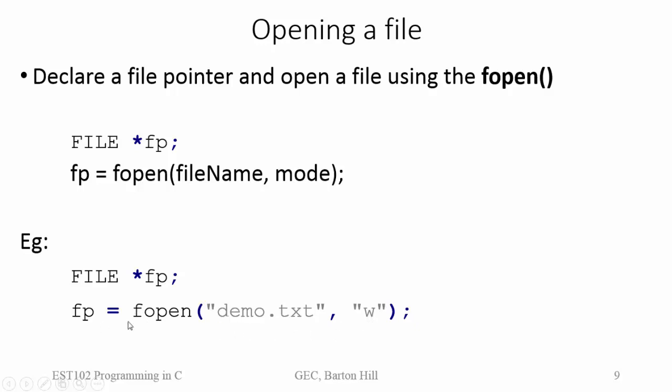If it opens correctly, then the information about the file will be stored in a structure called FILE, and that particular location will be returned to fp. If it fails, then a null value is returned to fp.